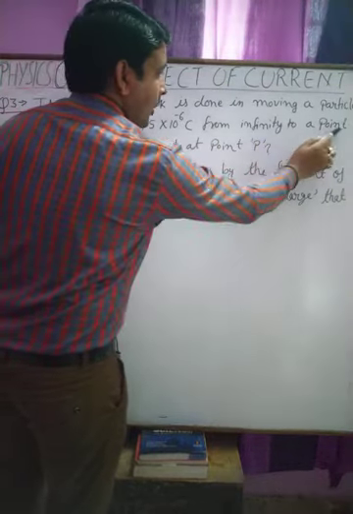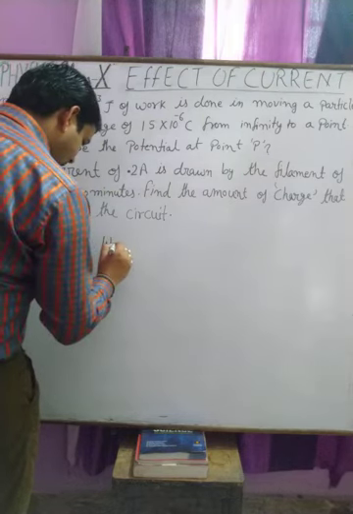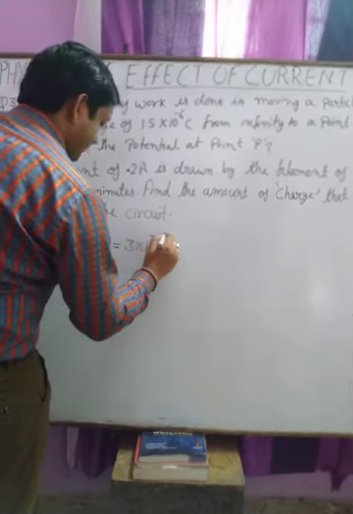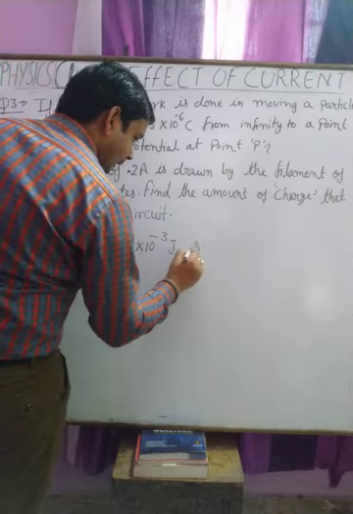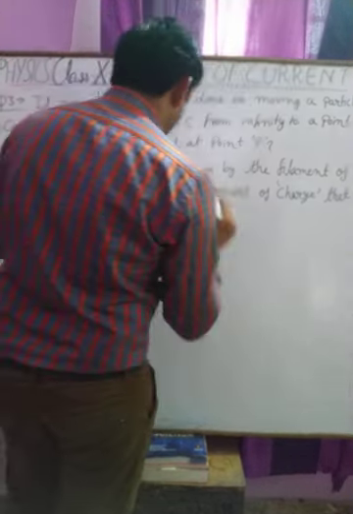Okay, now the solution is: we have given in the question that work done W is equal to 3 into 10 to the power minus 3 joule, and charge 15 into 10 to the power minus 6 coulomb.